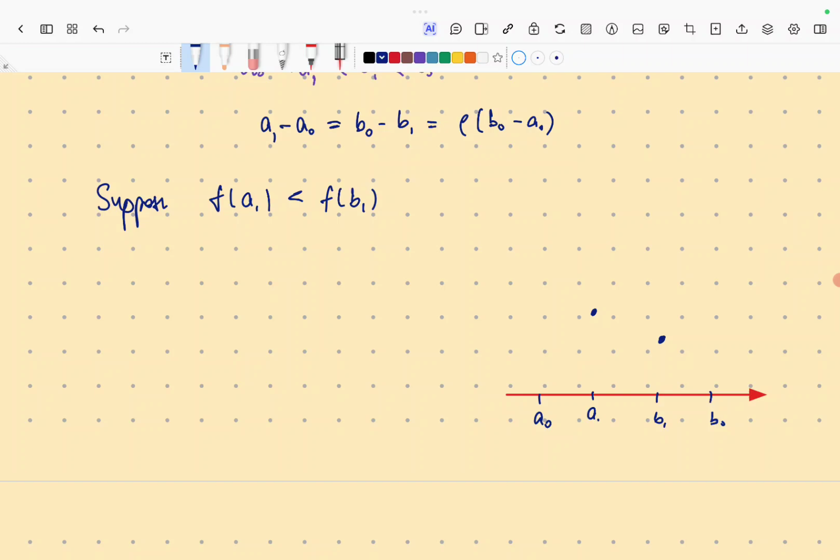What can you say about f of A0? f of A0 should be greater than f of A1. Do you all agree? Because from A1 to B1, the function happened to decrease.